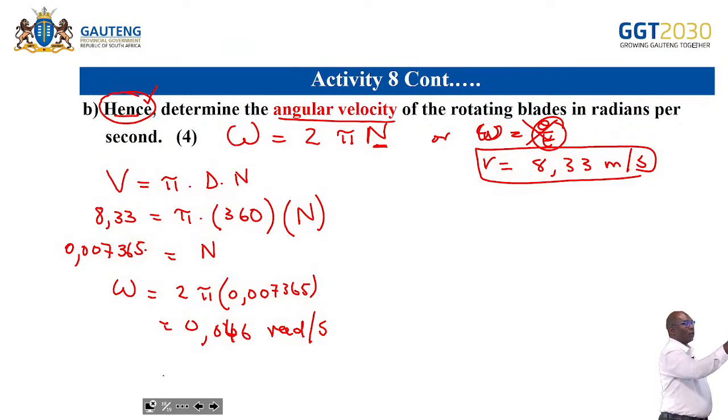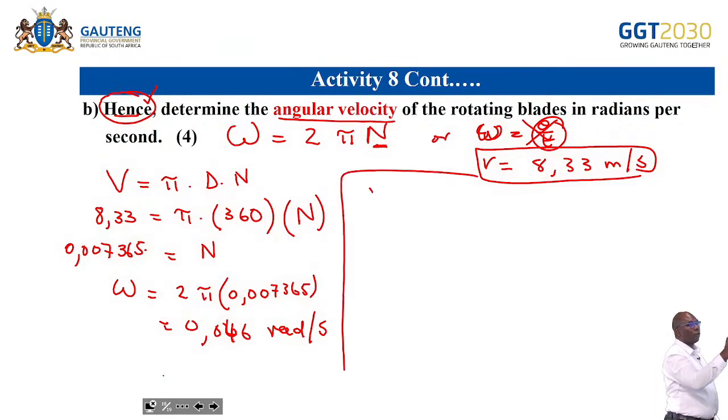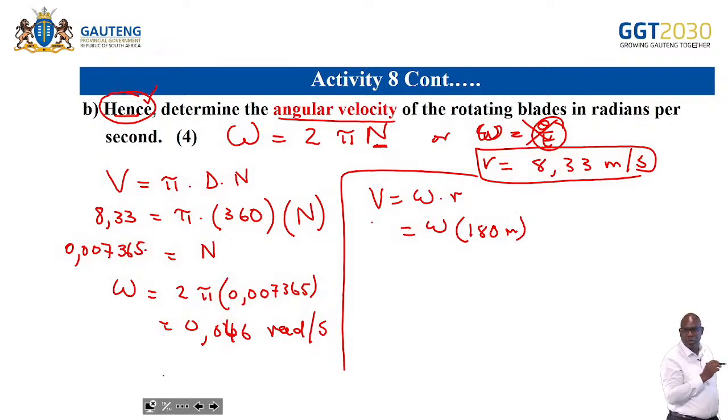The other formula that I can use is V equals omega multiplied by the radius. Now I have my radius as 180 meters, and my velocity, which is 8.33.